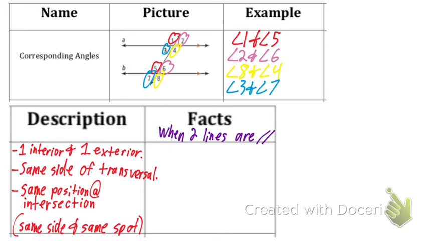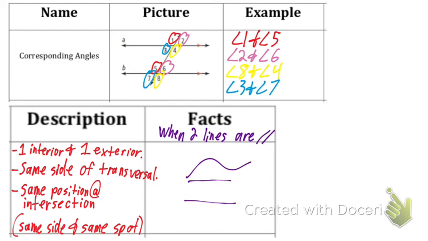They're congruent. When the 2 lines cut by the transversal are parallel, corresponding angles are congruent.